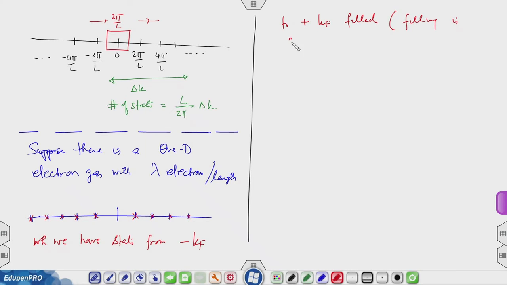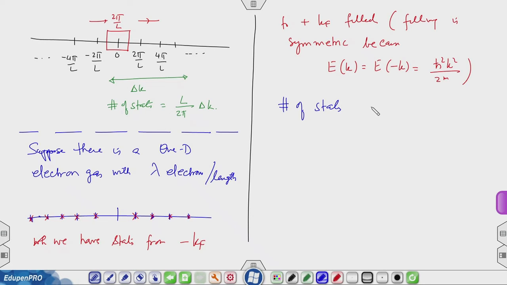Filling is symmetric because energy of k equals energy of minus k equals h cross square k square over 2m. So, number of states in 2 k f is going to be equal to 2 k f times L over 2 pi.